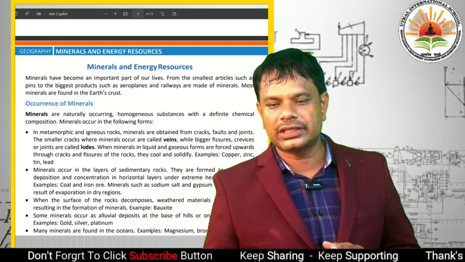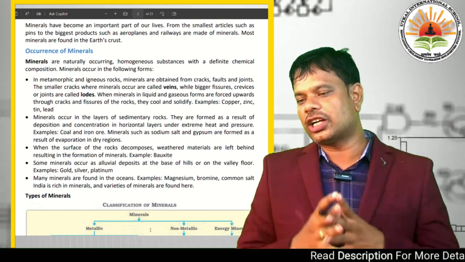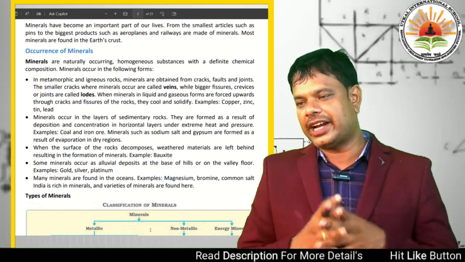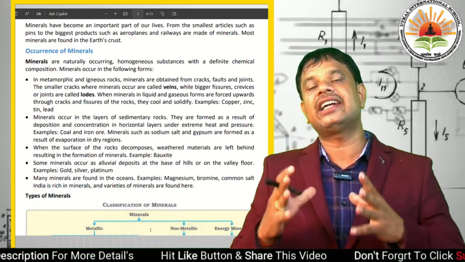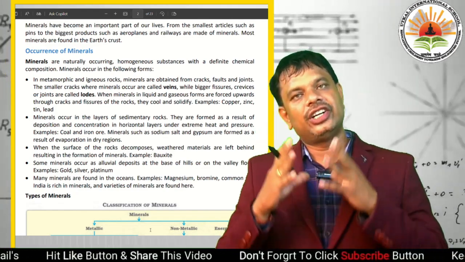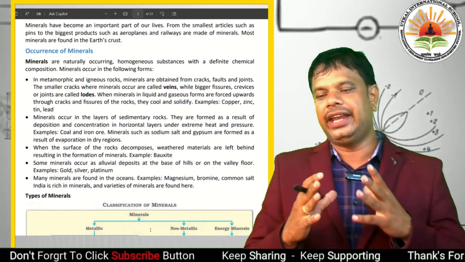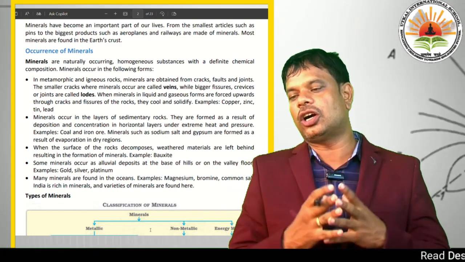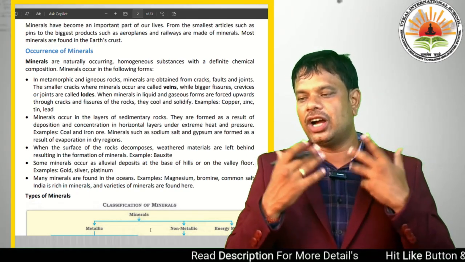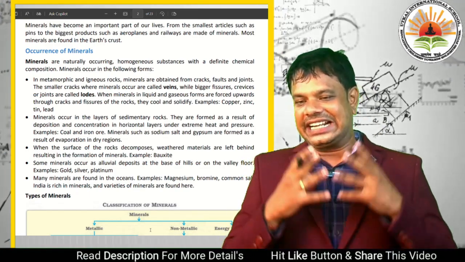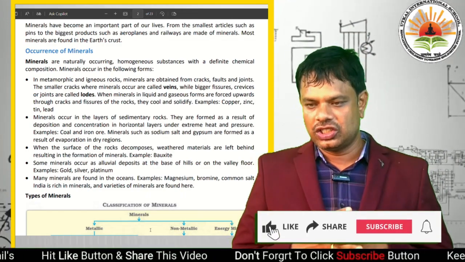In metamorphic and igneous rocks, minerals are obtained from cracks, faults and joints. The smaller cracks where minerals occur are called veins, while bigger fissures, crevices or joints are called lodes.